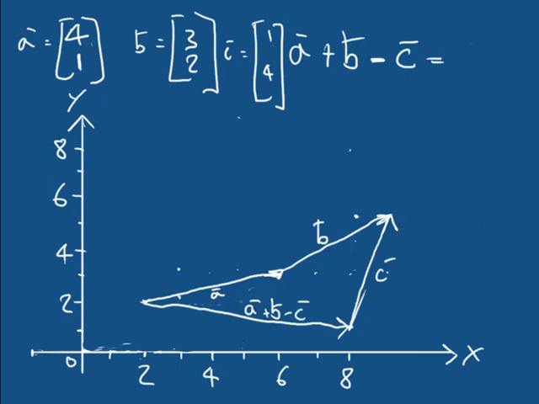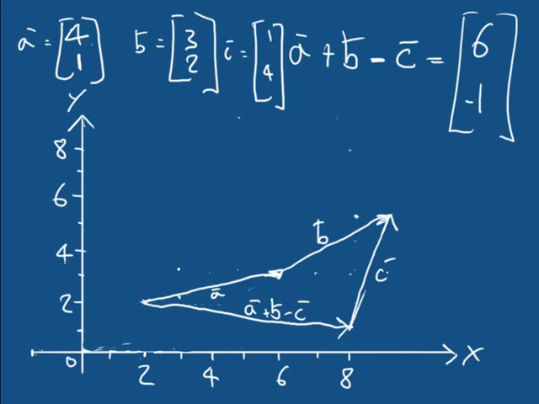So we can see in terms of our graphical representation, we start at 2 in x, we end at 8 in x. That's going to be 6 units in x that we've travelled. We start at 2 in y, we end at 1 in y. So that's going to be minus 1 unit in y that we've travelled.